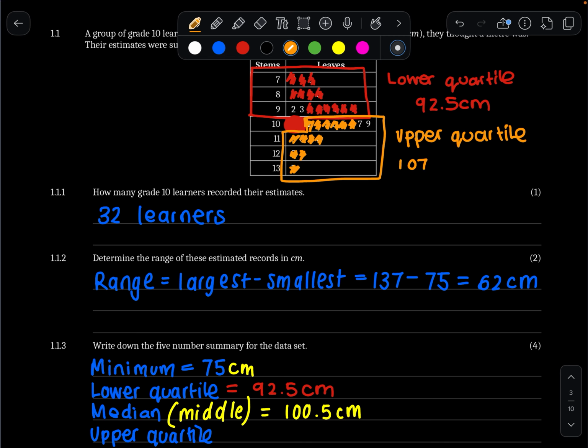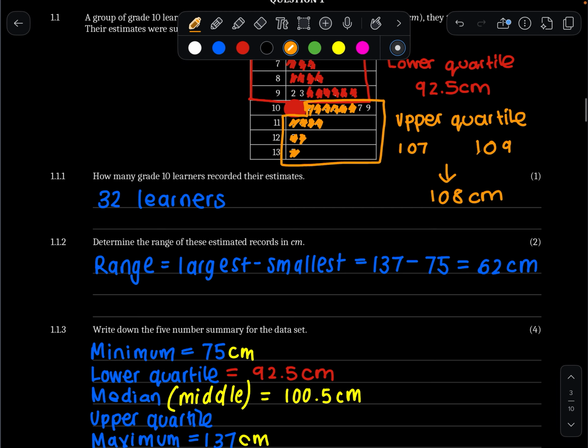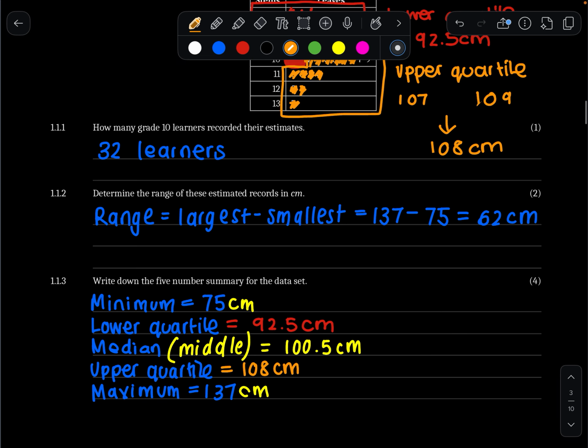Between 107 and 109. So in between that is going to be 108. Okay, so that is our 5-number summary.